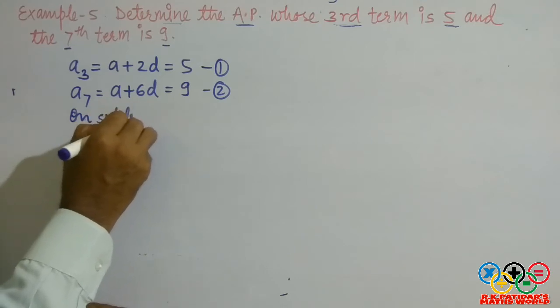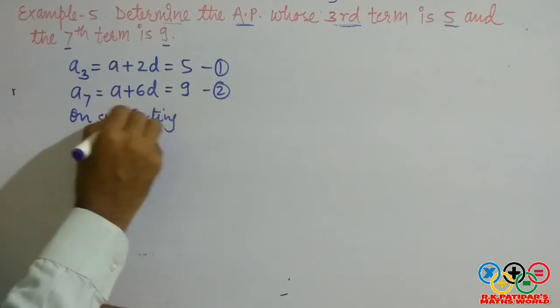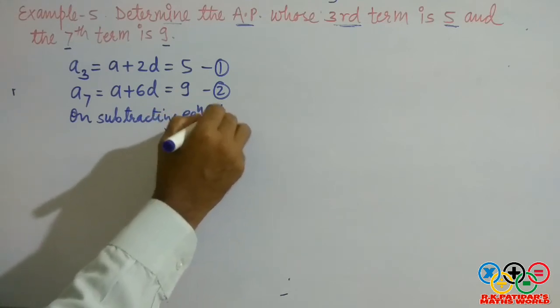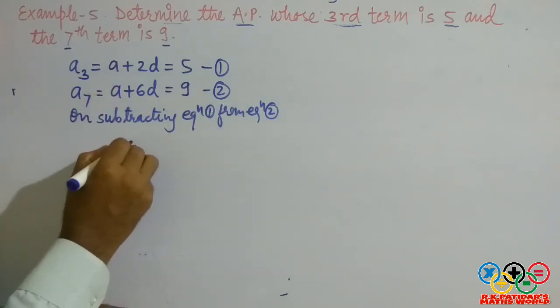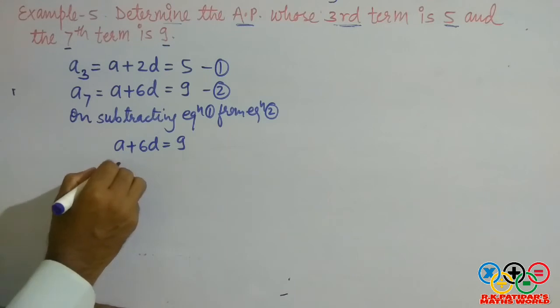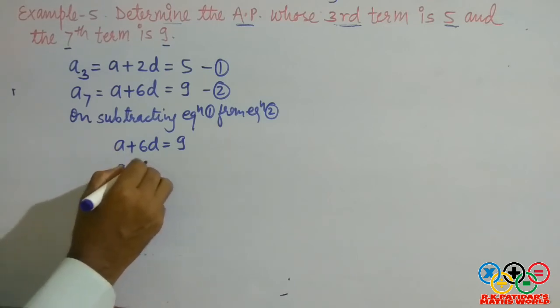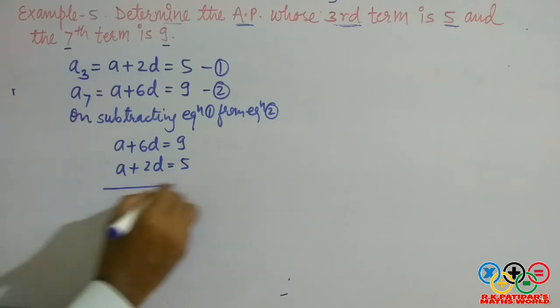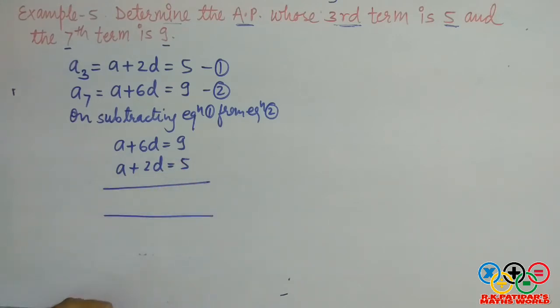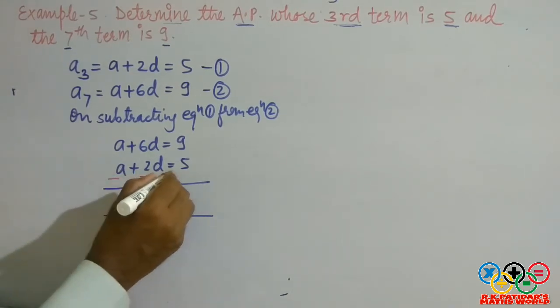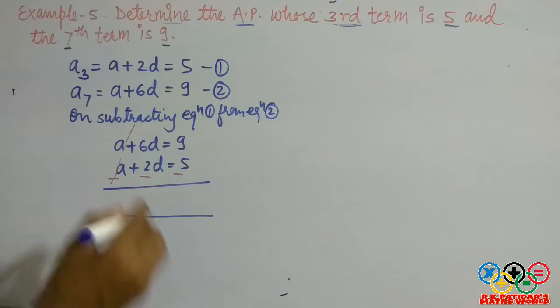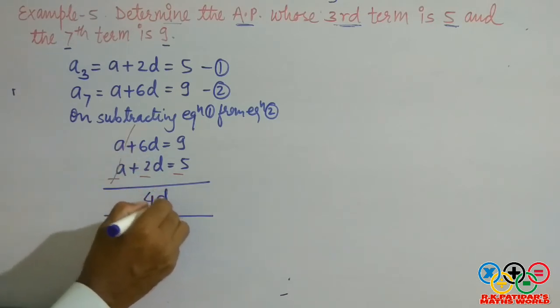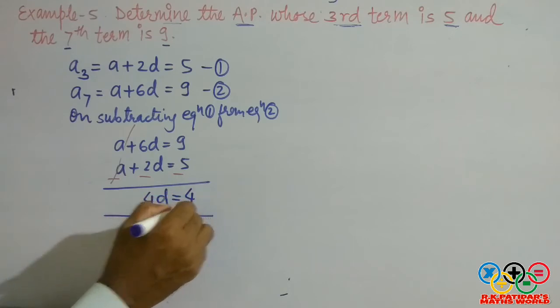What we do on subtracting equation 1 from equation 2, 2 में से 1, तो 2 पहले लिख लें। A plus 6d is equal to 9 and a plus 2d is equal to 5. क्या करना है आपको? सब्ट्रैक्ट करना है। सब्ट्रैक्ट करेंगे तो साइन चेंज हो जाएंगे, और ये कैंसिल हो जाएंगे। a minus a is 0. So 6 minus 2 is 4, 4d is equal to 9 minus 5 is also 4.